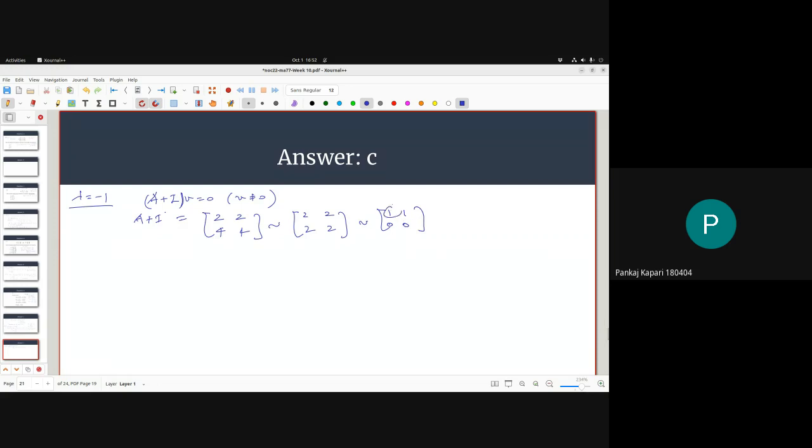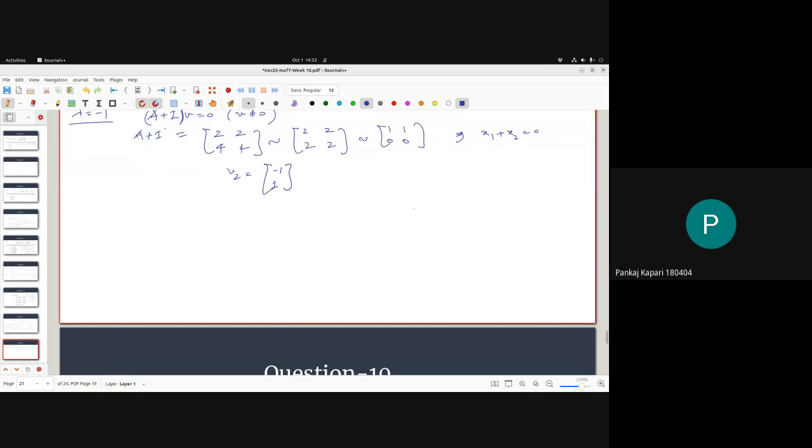So again one pivot column and one free variable. This will just give us that x1 plus x2 must be 0. We can choose x2 equal to 1. Then x1 must be minus 1. So this is another eigenvector.